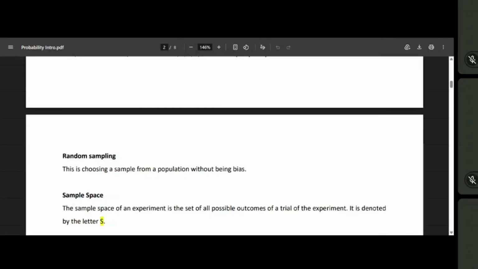But when you do it in such a way that you are not biased, you don't have any favoritism against anybody, then we say you have done a random sampling. A typical example is maybe you decide to write everybody's name on a piece of paper. Then you put them together, you shuffle them, and you put them in a box or a hat.